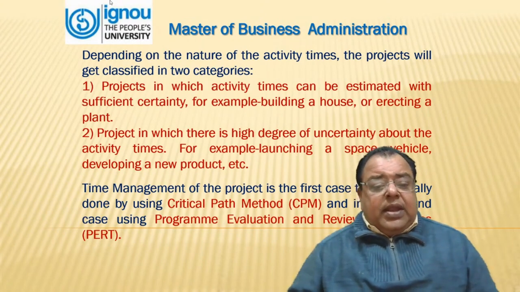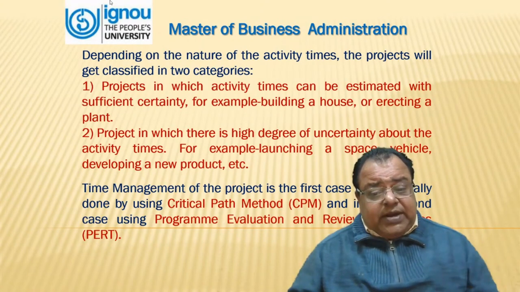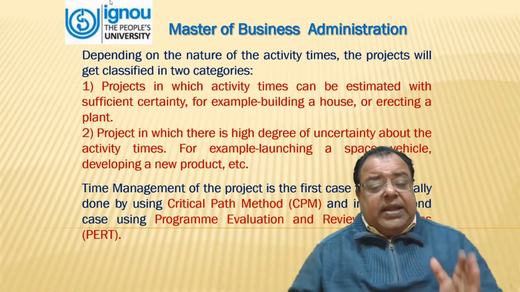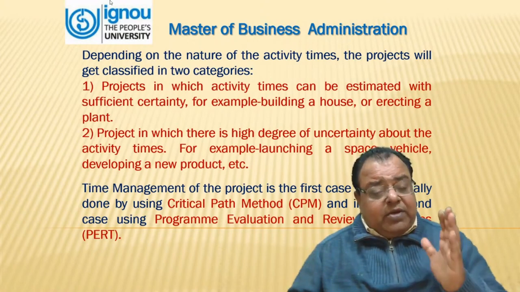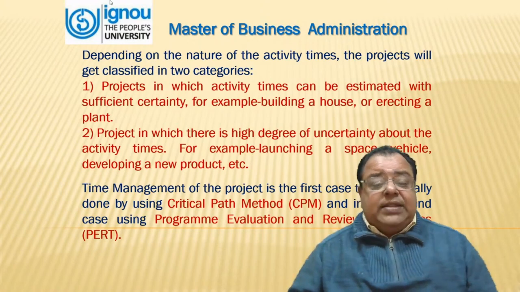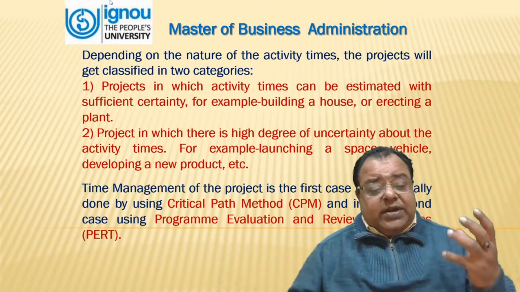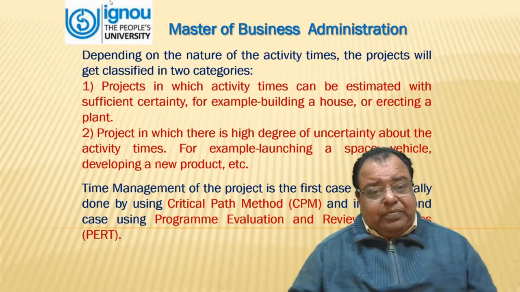Time management of the project in the first case is usually done using the critical path method, CPM. And the second case uses the program evaluation and review technique, that is PERT.